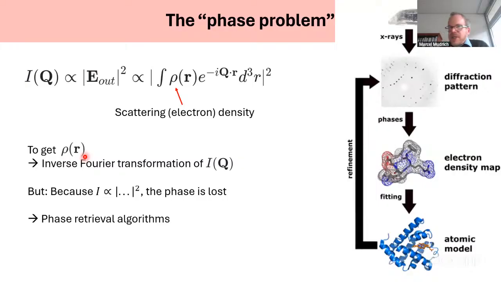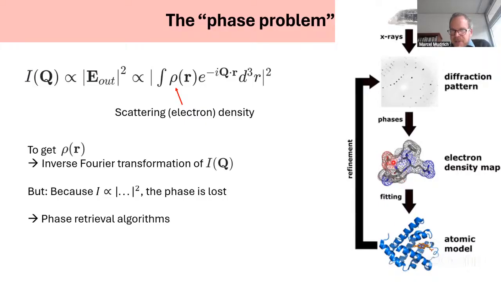This is typically done by an iterative approach: we measure some diffraction pattern and then forward simulate what diffraction pattern we would expect for a specific electron density distribution that we guess intelligently, based on some atomic model.